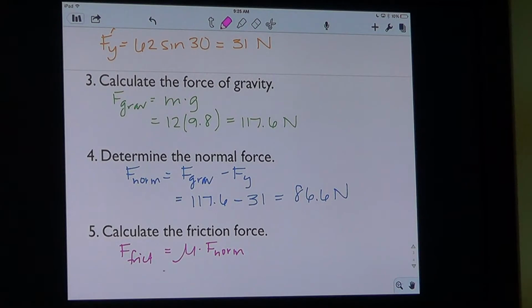And so that was 0.45 times 86.6. Okay, good. So I'll just say 38.97, good.